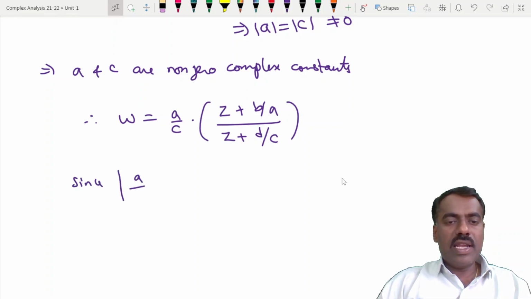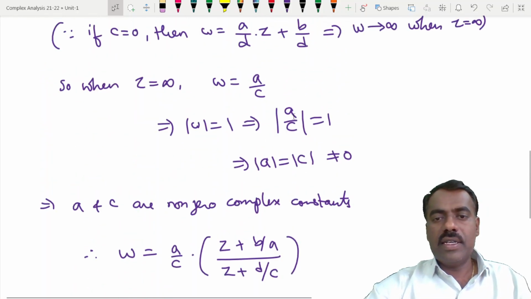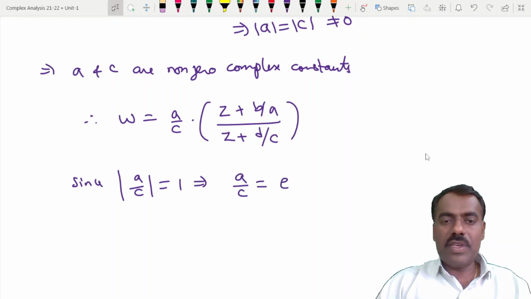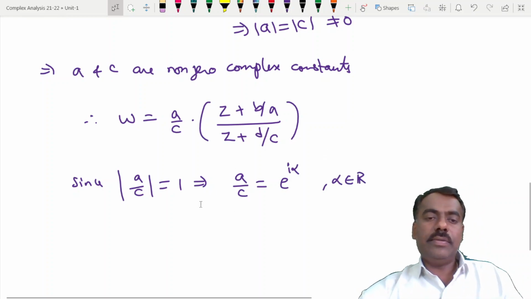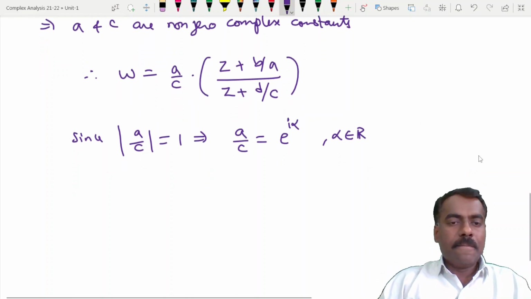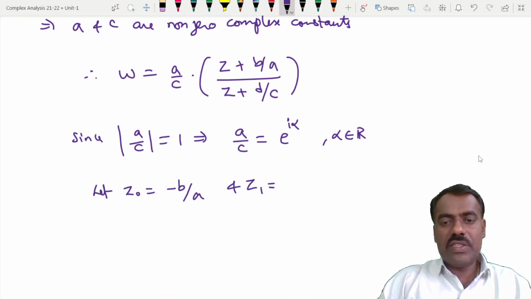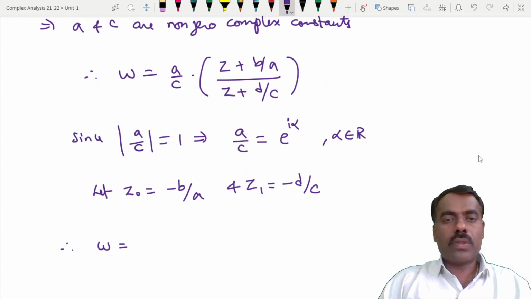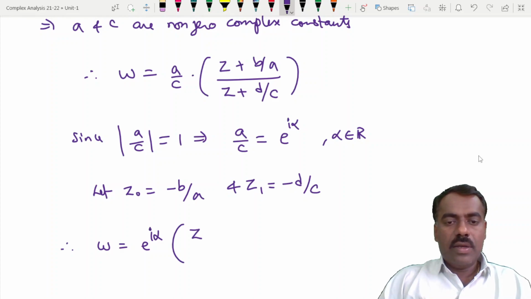Since our modulus of A by C is 1, A by C is definitely of the form e power i alpha, where alpha is some real number. We let Z naught equal to minus B by A and Z1 equal to minus D by C. With this, W is equal to e power i alpha into Z minus Z naught upon Z minus Z1.